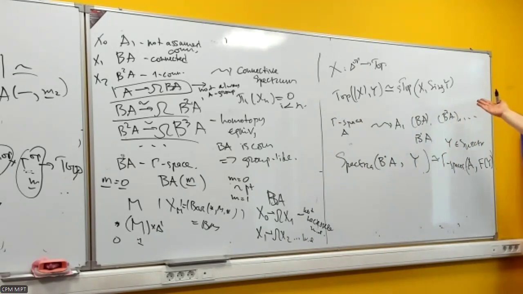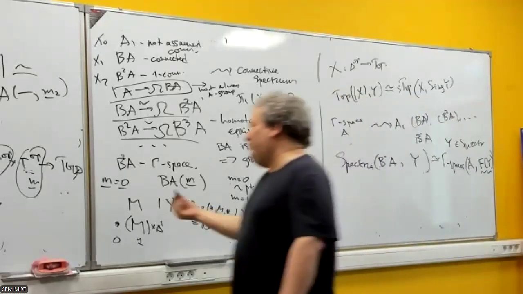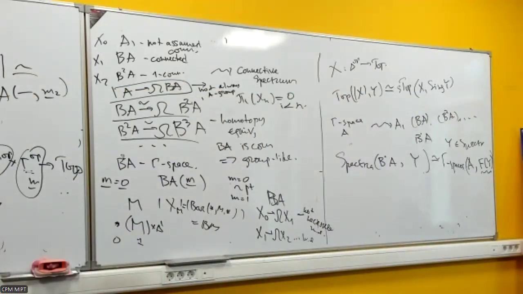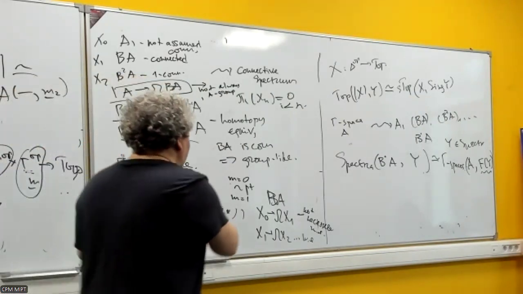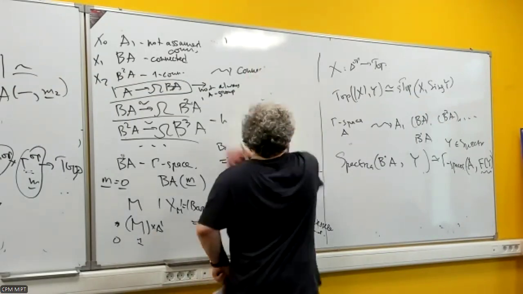To get such an adjunction and define this functor, I need a formula for the nth term of this spectrum, which is more beautiful in a sense than this iterative construction. So I'm going to explain this formula.